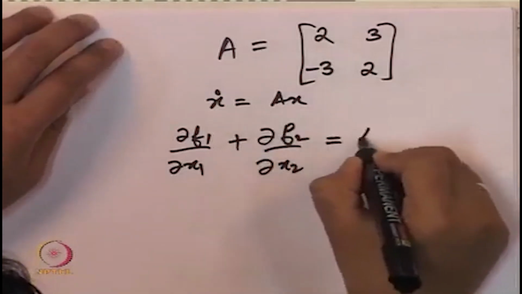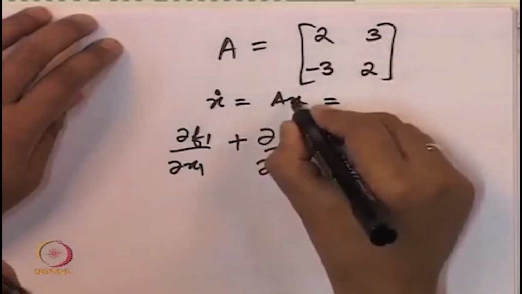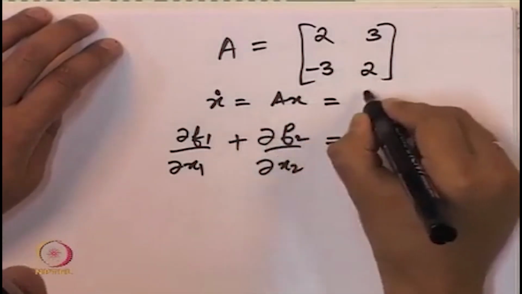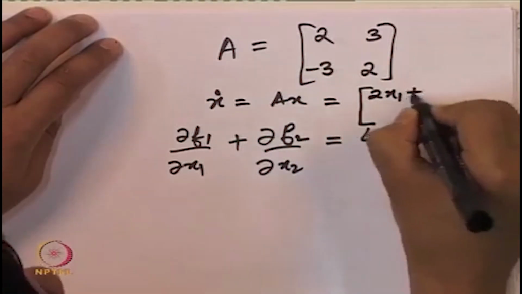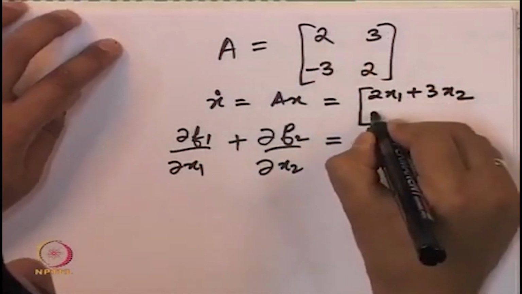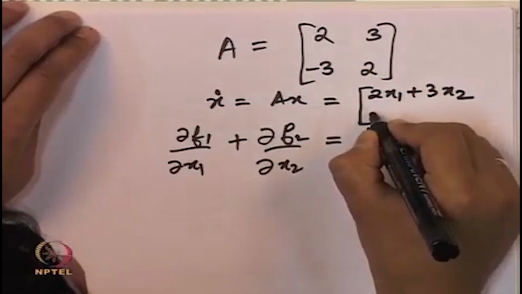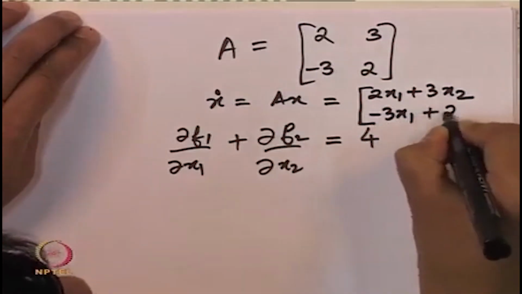We will check that this is equal to 4 by calculation explicitly. So x dot equal to Ax means 2x1 plus 3x2, that is the meaning of A acting on x, and the second row of A is used to multiply with x to get minus 3x1 plus 2x2.